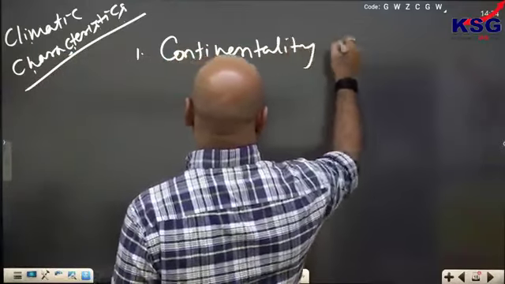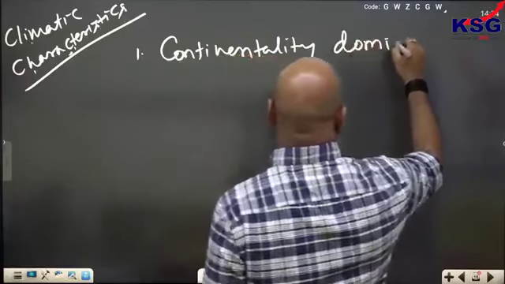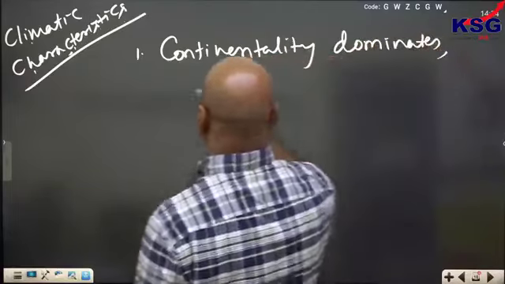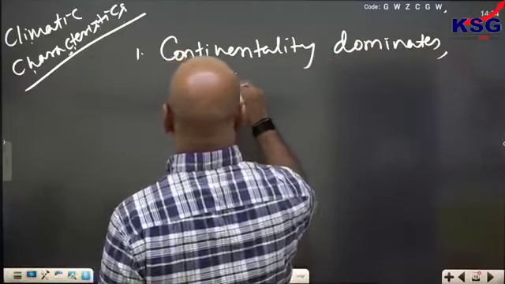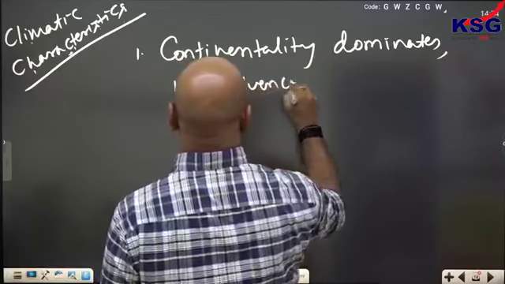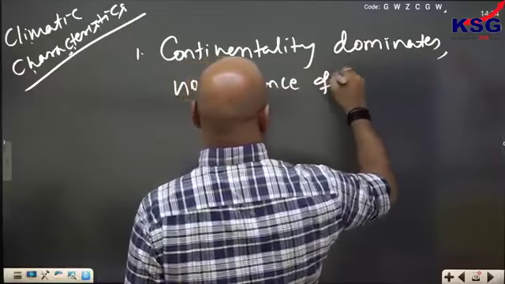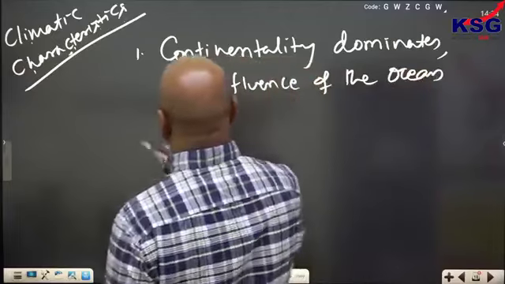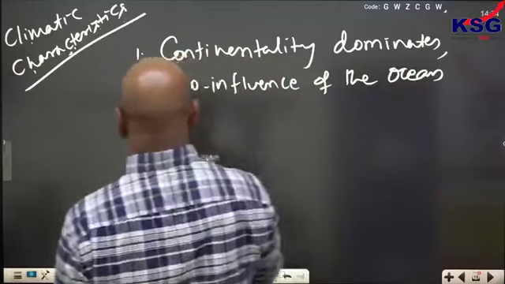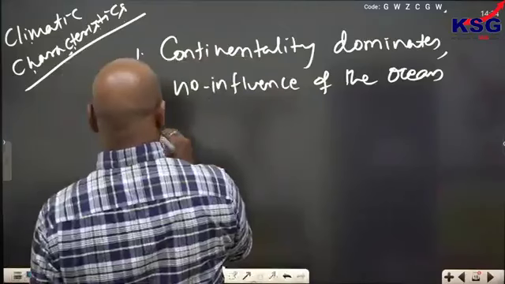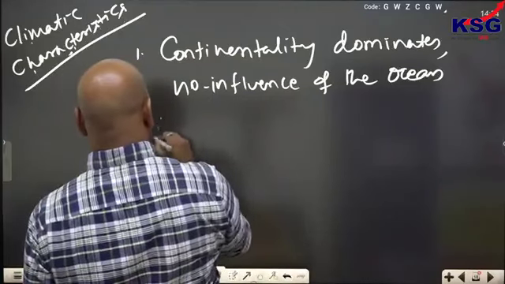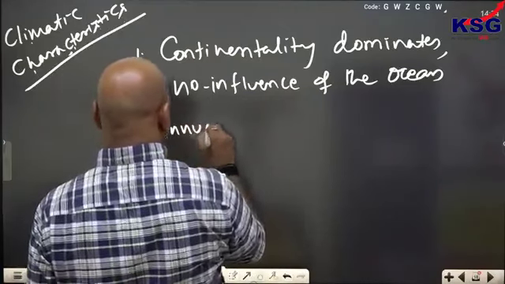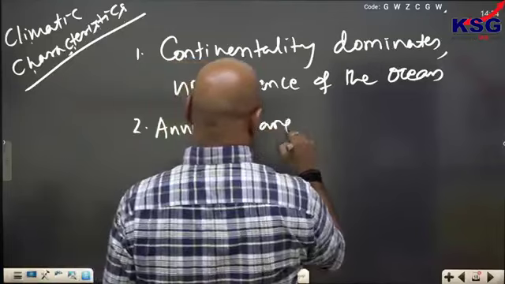Continentality dominates, no influence of the ocean. Ocean का कोई influence नहीं है. Here you have annual range of temperature.